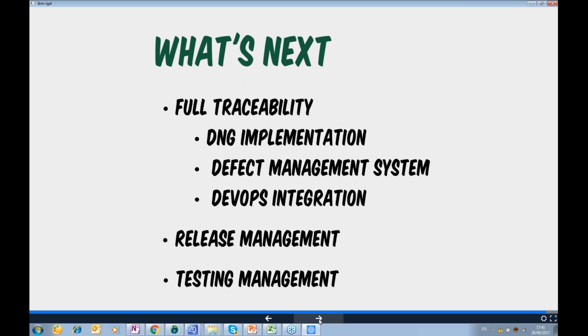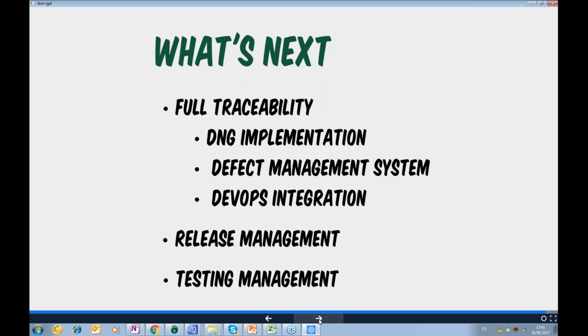We prefer to work on the same tool, so when the teams are working on the RTC, they will be able to open defects as well. And we want to do the DevOps integration with all the things related to source control, CI, continuous integration, DevOps, and so on.